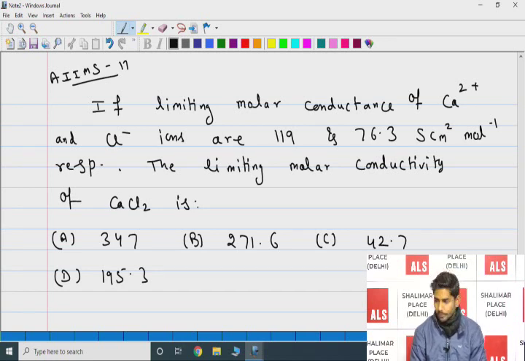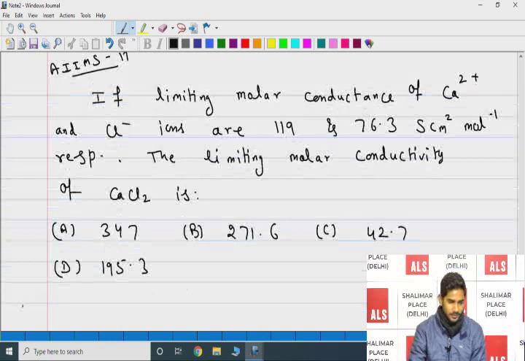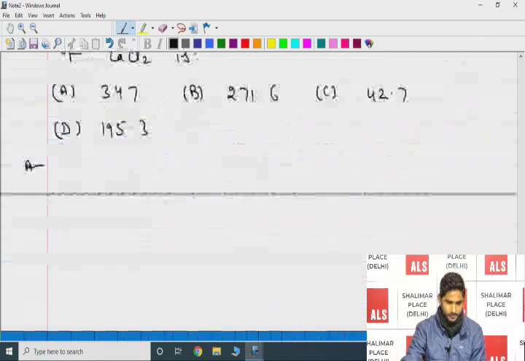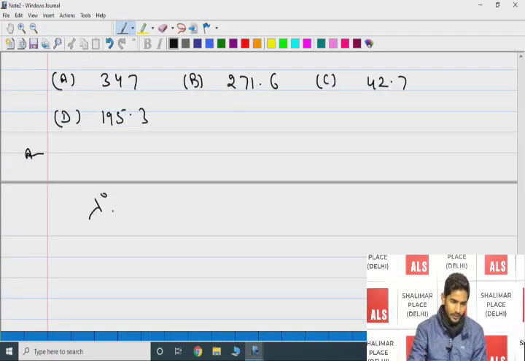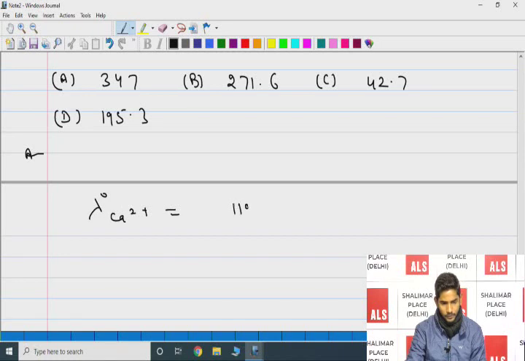B. Okay, very good, Kpang. Okay, let's solve this. Very easy question actually. Lambda naught of Ca2 plus is 119. Lambda naught of Cl minus is 76.3, and they are asking lambda naught of CaCl2.